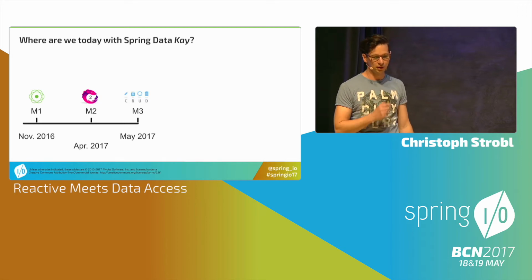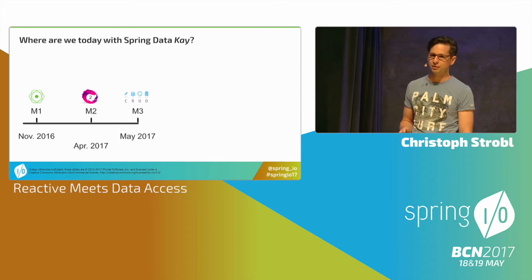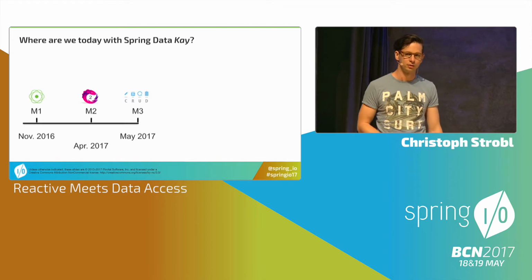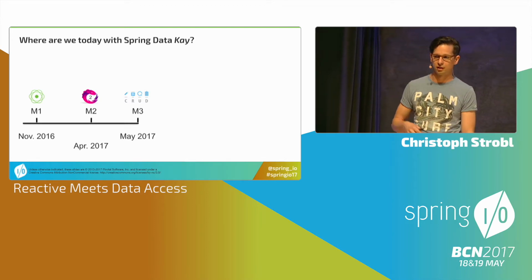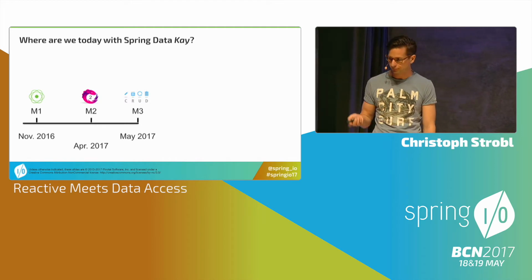We are currently at milestone 3, and that one introduced quite a bunch of breaking changes that I will go into in more detail, mainly on the repository layer, the CRUD methods, and the return types that we offer there.